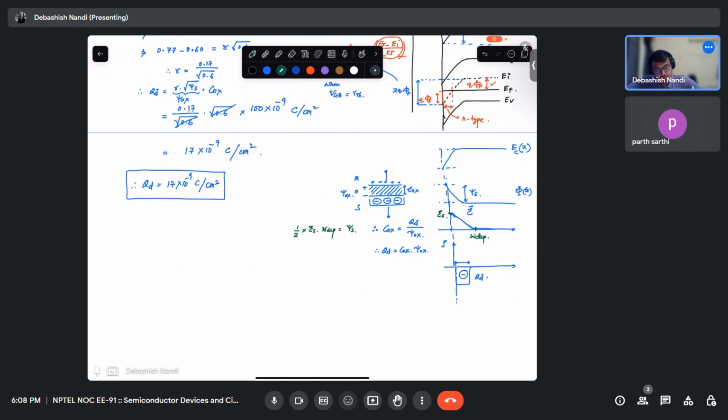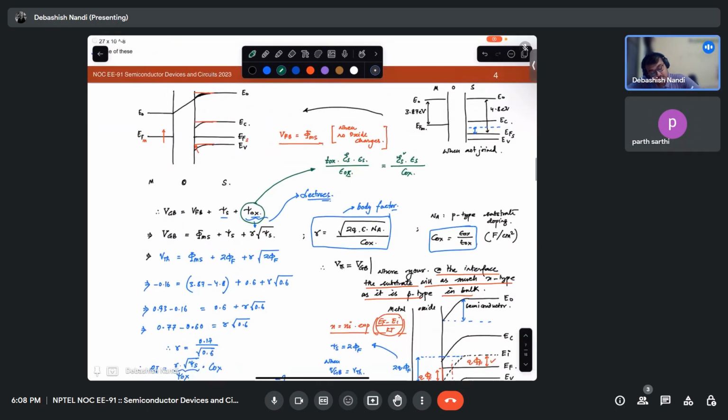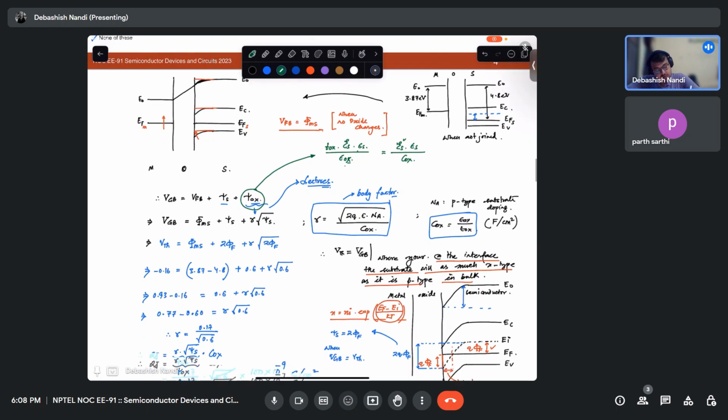Yes, sir. And Es times epsilon s you are telling, right? Let me just check the dimensions once. Okay, this is cancelling, this is cancelling. This is volt per meter. Okay, you can do that.